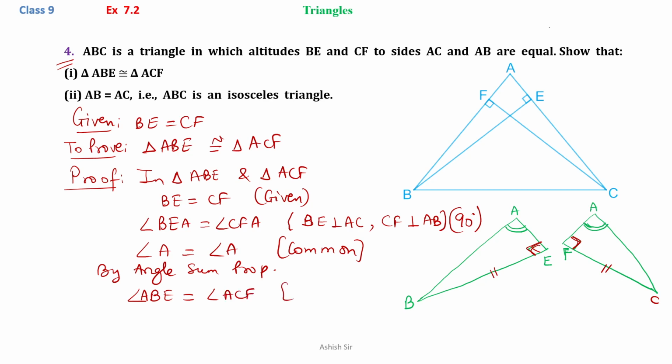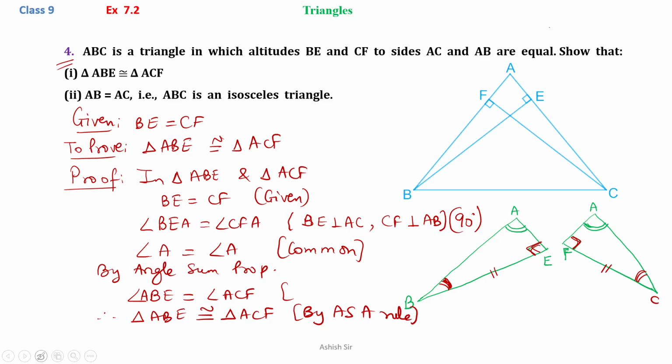So we can show that in the triangle, angle ABE is equal to angle ACF. Now we see in the figure that it forms the angle side angle property. So therefore we can write triangle ABE is congruent to triangle ACF by the angle side angle congruence rule.